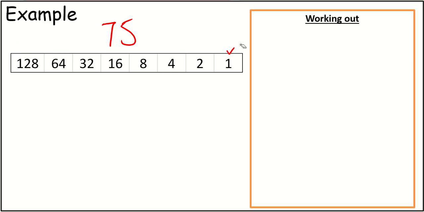And the rules that I need to remember in order to convert this are: if the place value is larger than the number we're trying to convert, then 0 goes in the placeholder.